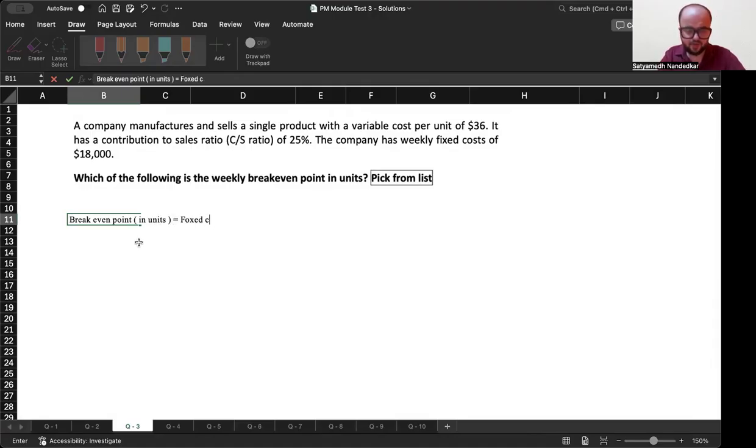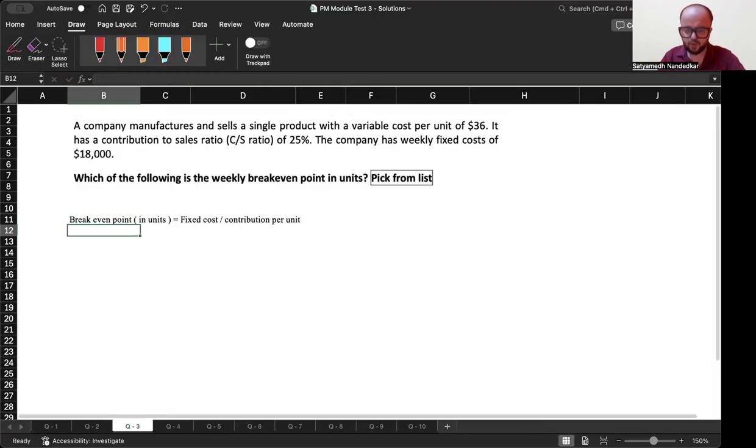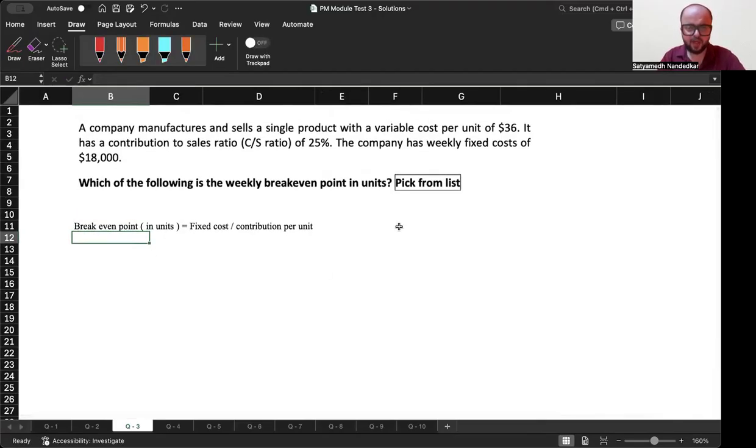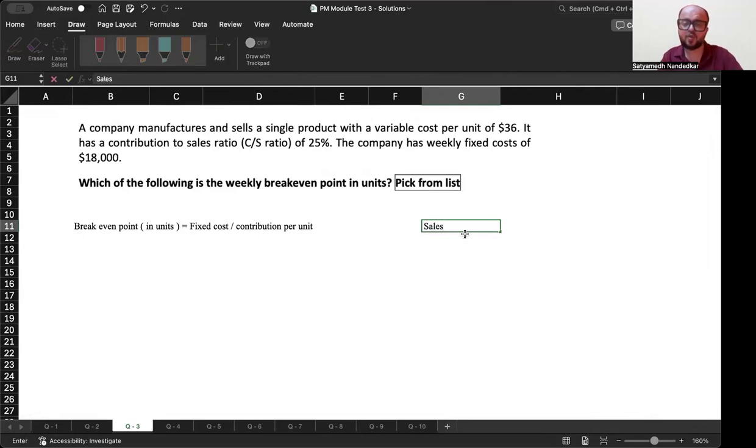It is fixed cost upon contribution per unit. Now, what all do you have? You have variable cost of 36 and your CS ratio is 25. CS ratio is contribution upon sales.